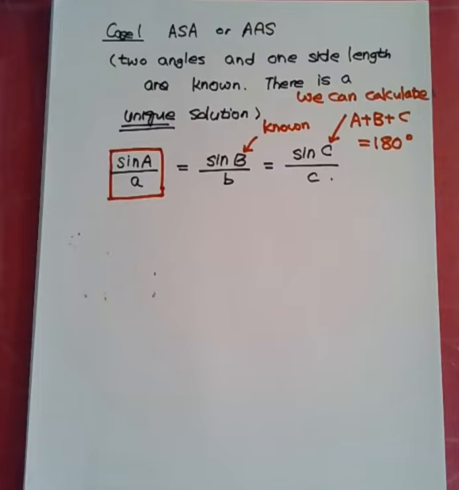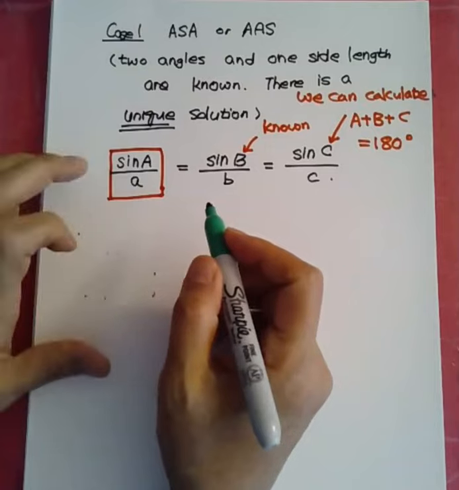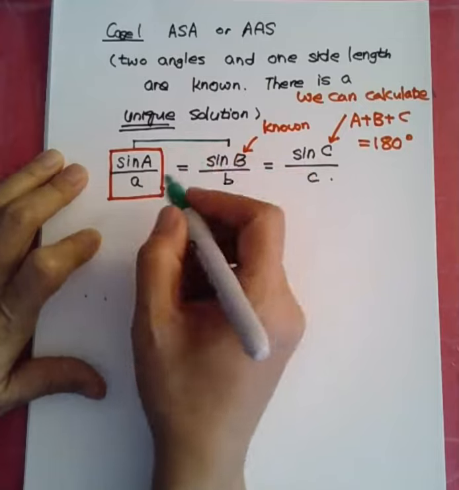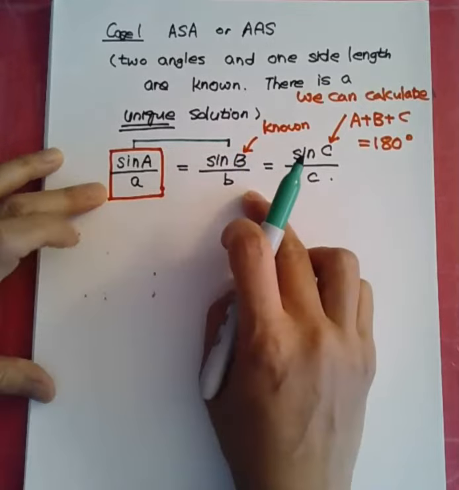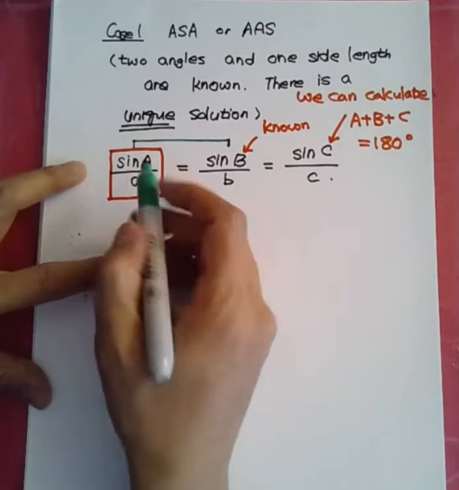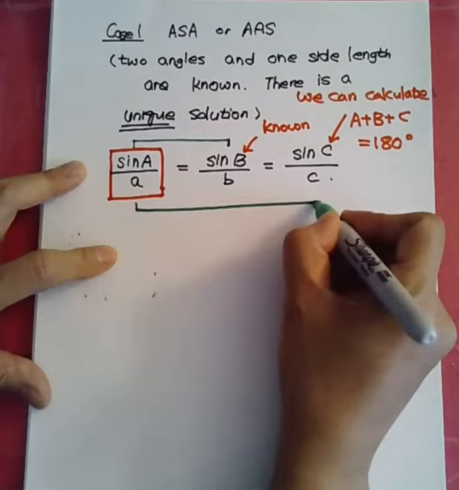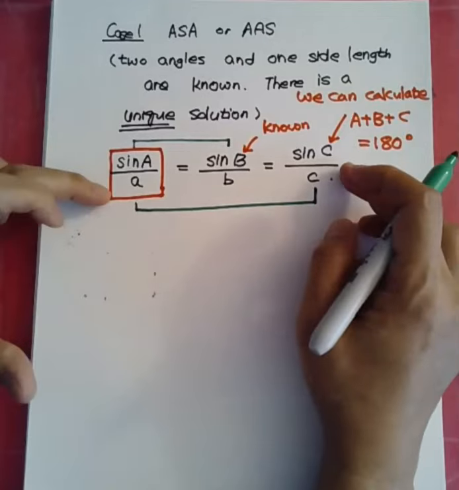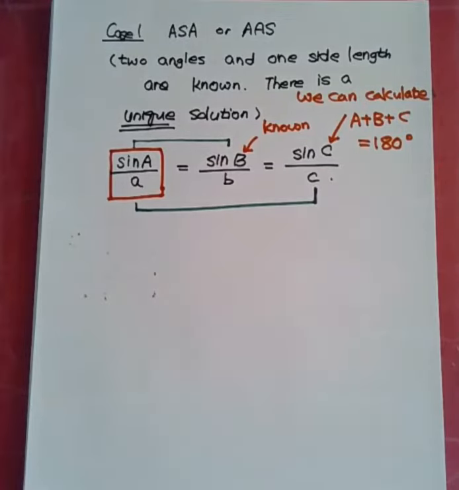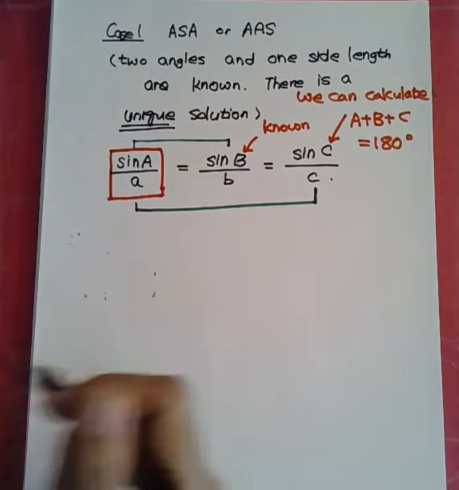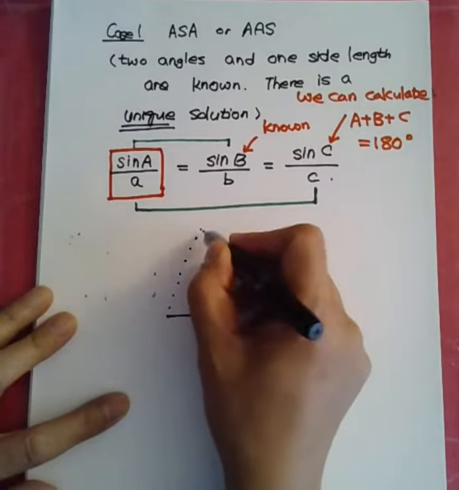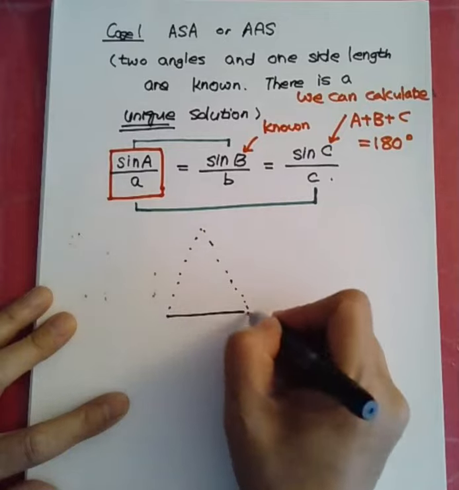In this case, we just think about two cases. We just think about this equation to get the side length b, and we get this. We have this equation to find the side length c. The circumstance is something like this.